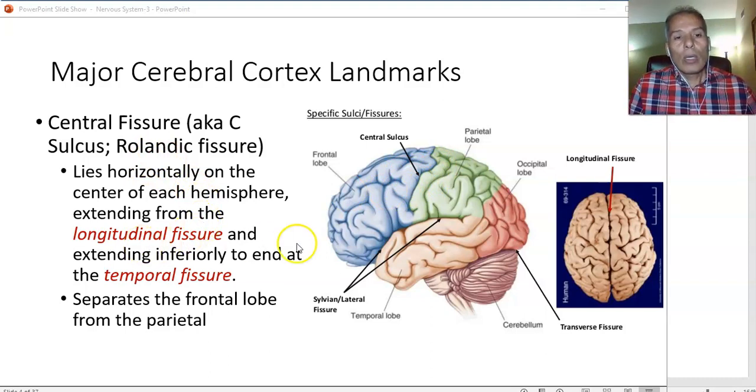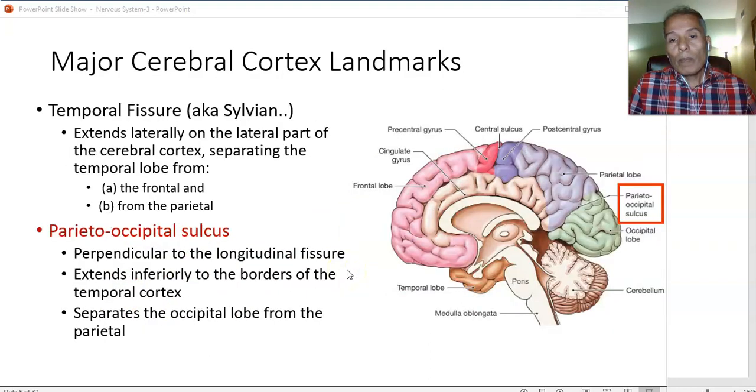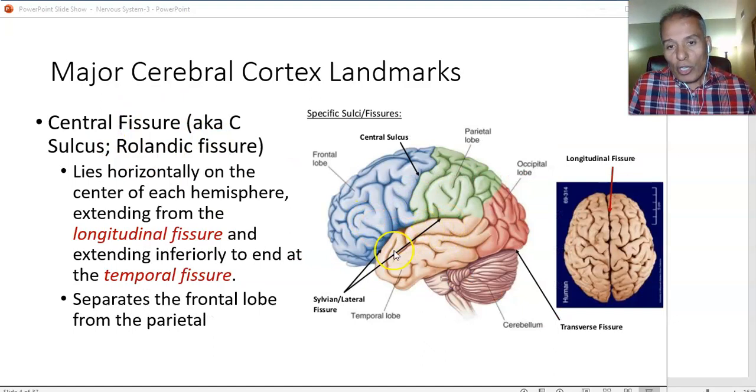Then we have the temporal fissure. The temporal fissure is also called the Sylvian fissure, or the fissure of Sylvius, or the lateral fissure. All of these are names, but the most common names are the lateral fissure or the temporal fissure.